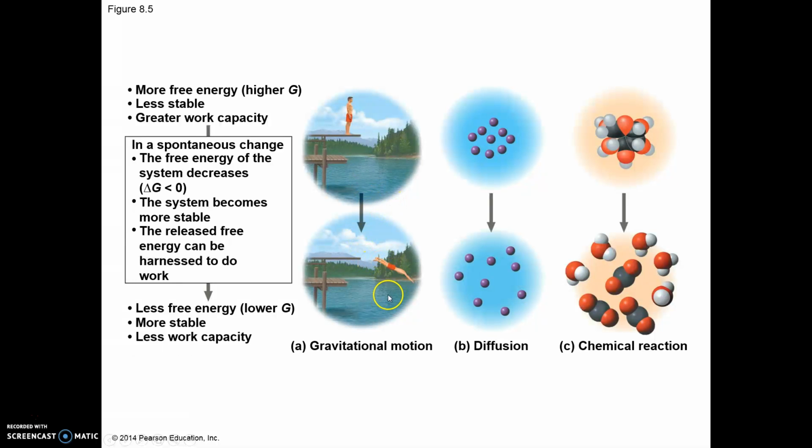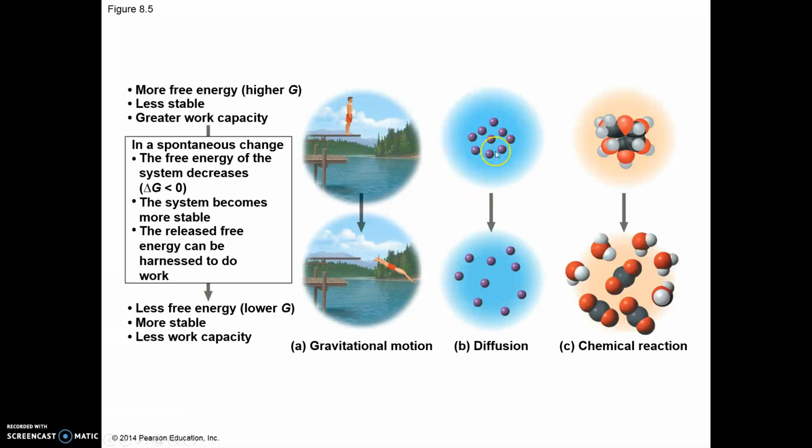Okay. Once you've fallen off and you hit the water, that's about as random and highest entropy you can get. So in that circumstance, you are more stable because you're already down. You can't fall any lower, right? So in this case, you have less capacity to do work. Well, this is true at every single level, right?